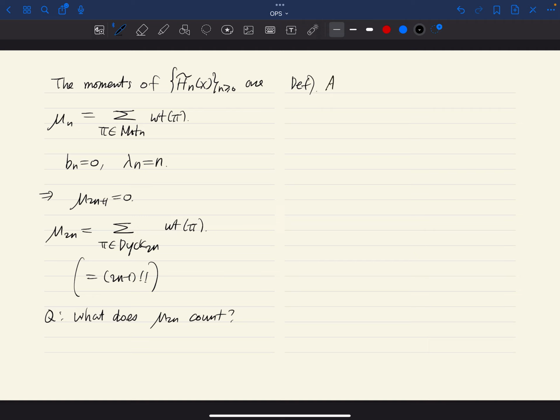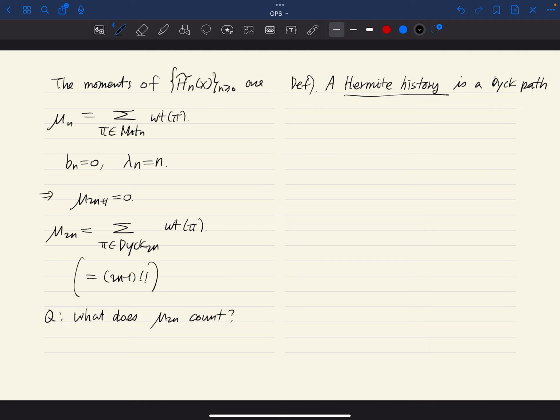Hermite history. This is Viennot's terminology. So a Hermite history is just a labeled Dyck path, basically.